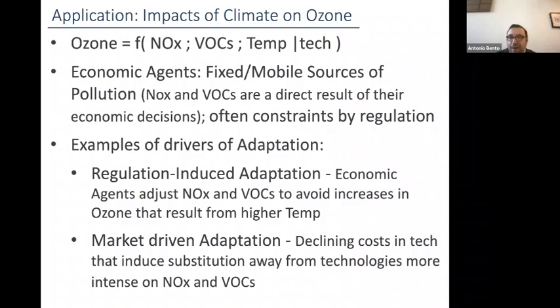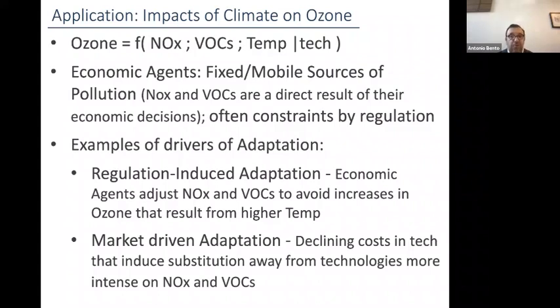But of course, your county may end up being out of attainment, not because you have not done everything with these regulations, but because you are all of a sudden presented with a shocking temperature. And so knowing that these effects may be occurring more and more frequently, you could actually generate what we call regulation-induced adaptation, because economic agents may be adjusting the levels of the precursors of ozone to avoid these increases in ozone that may result from higher temperature.